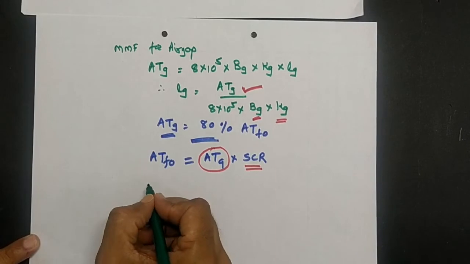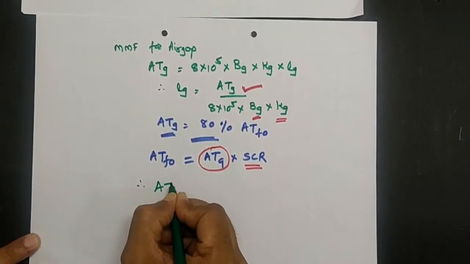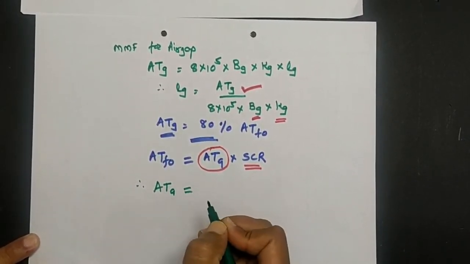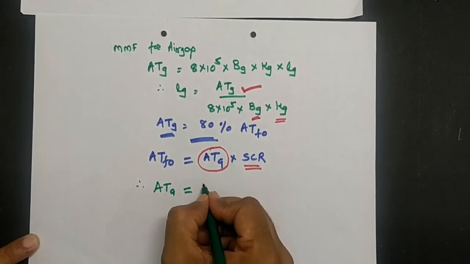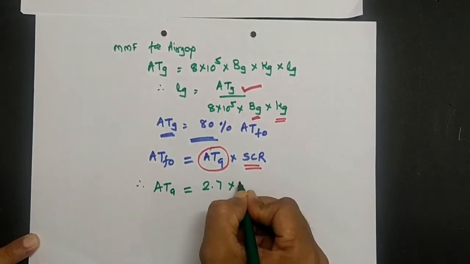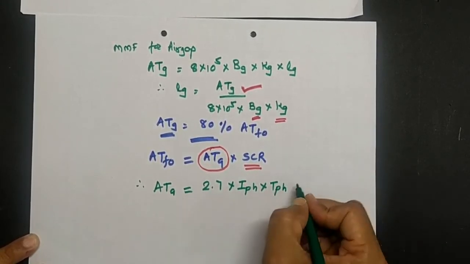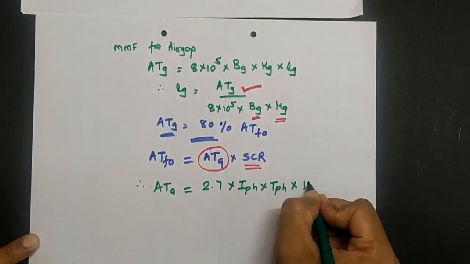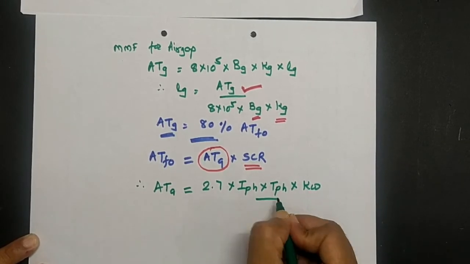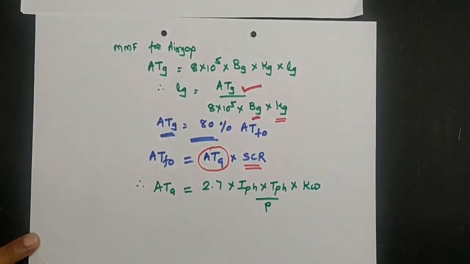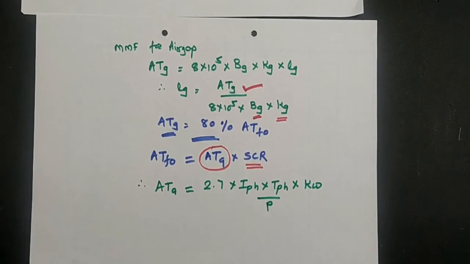We have an equation to calculate ampere turns for the armature: 2.7 multiplied by I phase multiplied by T phase multiplied by kW and divided by the number of poles.